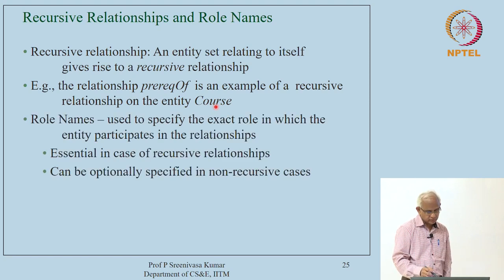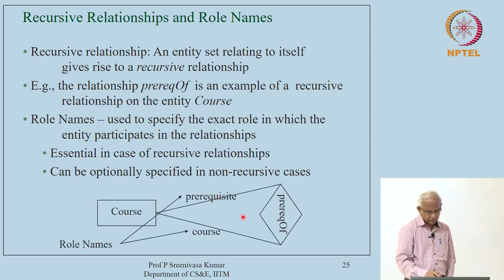So, we have to distinguish in what role this particular entity is participating in the association, and so we have to have what are called role names associated with the participation of the entity in the relationship. That will disambiguate what role this particular entity is taking up.